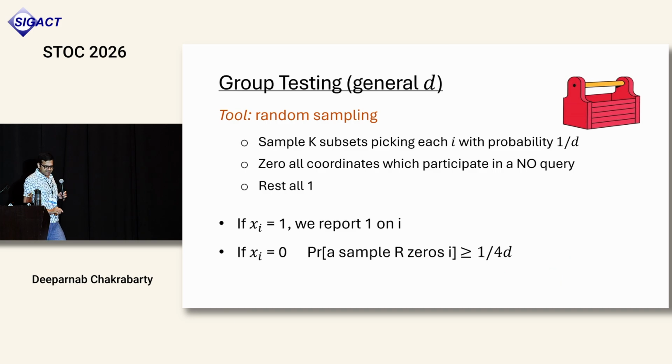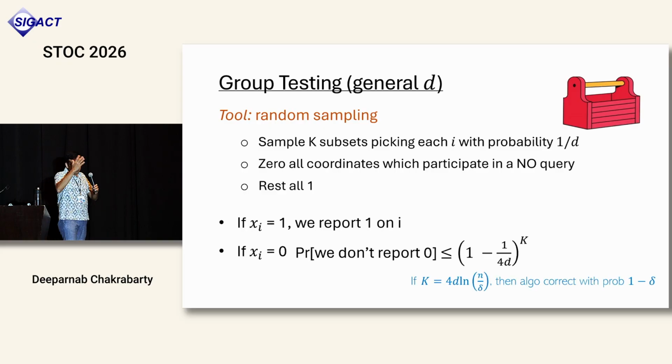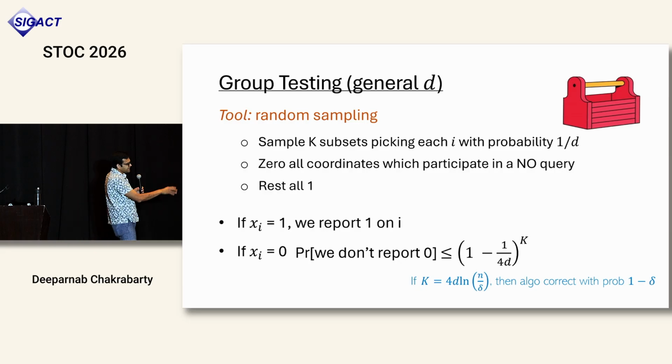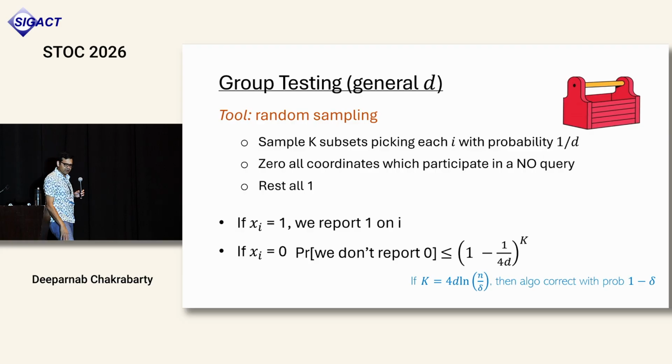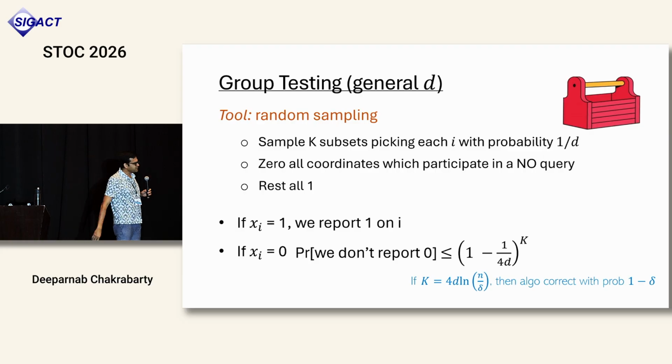So basically, for any coordinate that is 0, a single sample will zero it out with probability at least 1 by 4d, Omega of 1 by d. Which means that if k is like d log n by delta, then with probability 1 minus delta, union bounding over every i that is 0, I will actually reconstruct the vector.